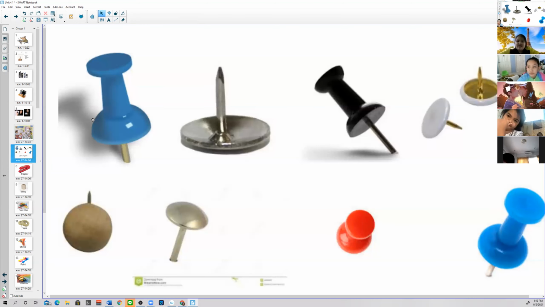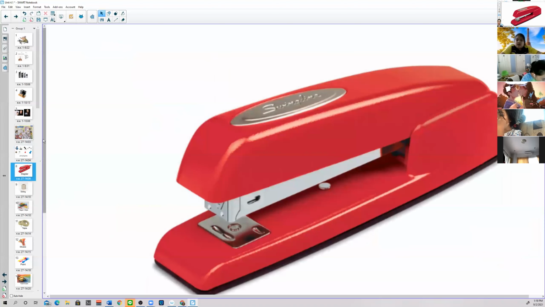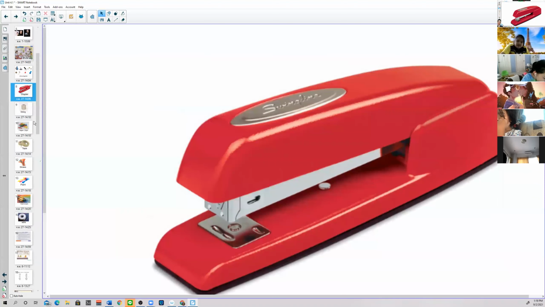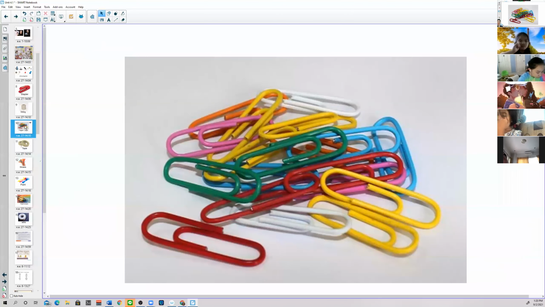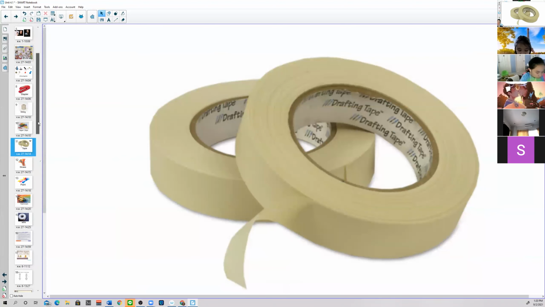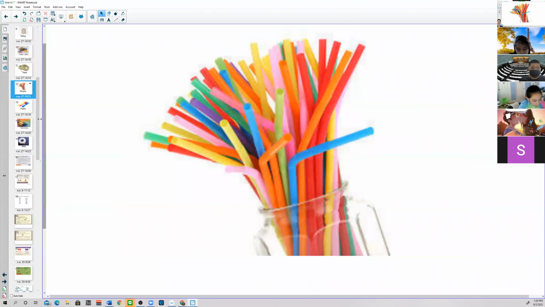Look at the picture. What is it? What do you call it? Yes, drawing pin, right? Next one, what is it? Stapler. Good. Paper. This one. String. This one. Paper clips. This one. Tape. This one.